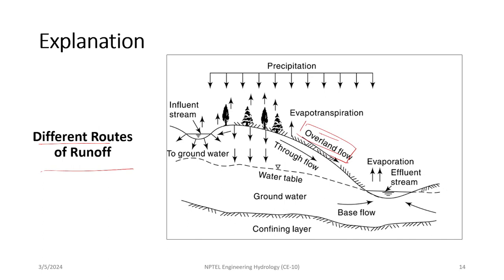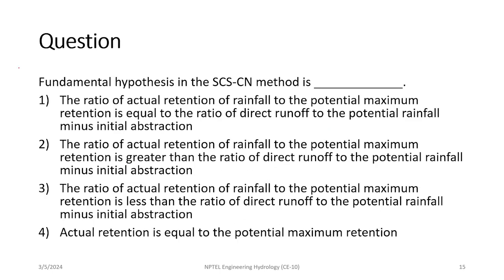Overland flow will be the more dominating parameter in generating the direct runoff. Then again, you can't say that groundwater cannot reach the surface. Definitely, through the base flow, it can also add up into a stream. So there could be many pathways for water to come out of the subsurface. Now coming to the next question.